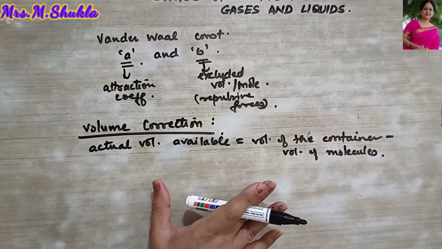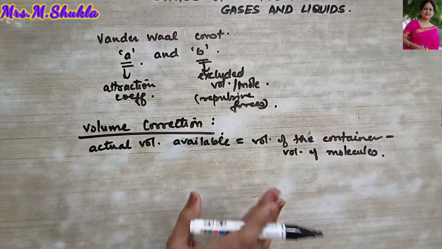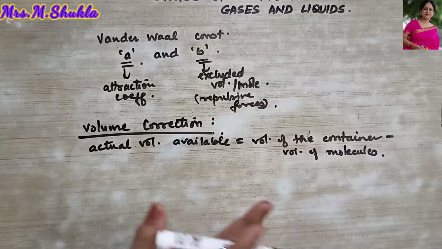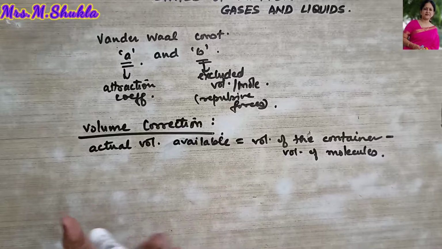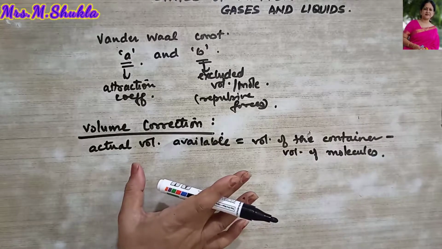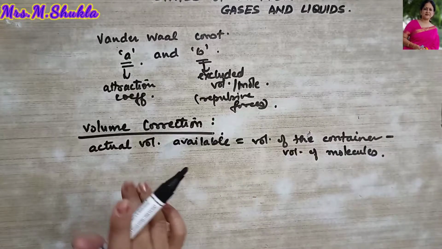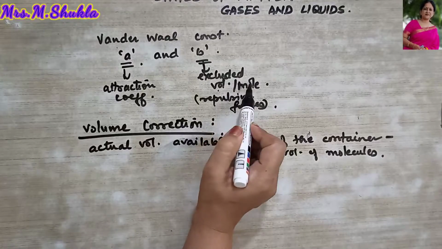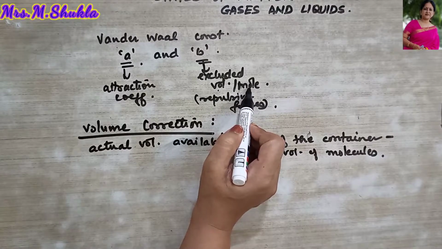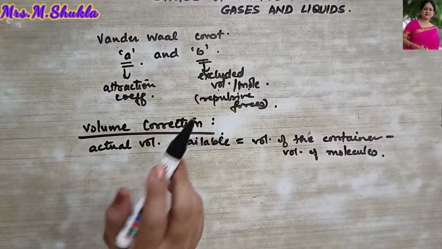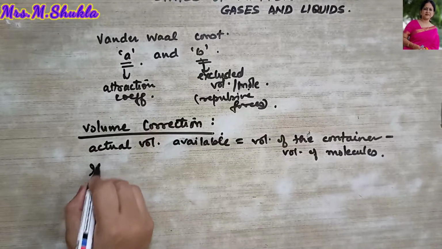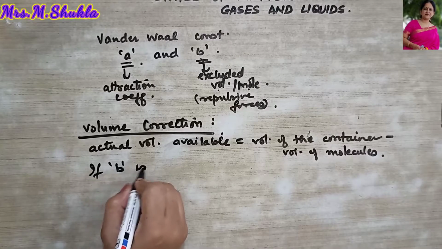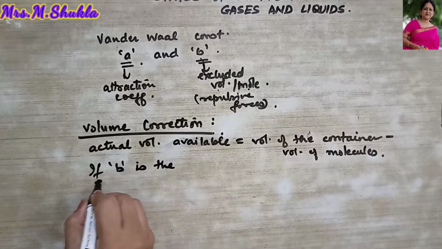So the volume occupied by the molecules themselves, what is that called? Prohibited volume. This volume is not available for the molecular motion, and this prohibited volume is therefore termed the excluded volume, right?